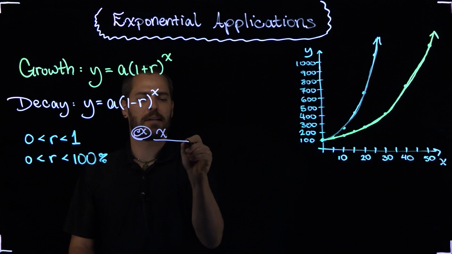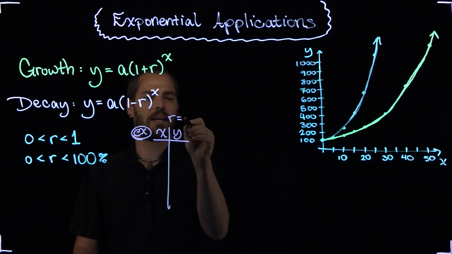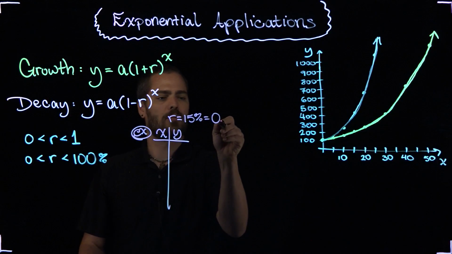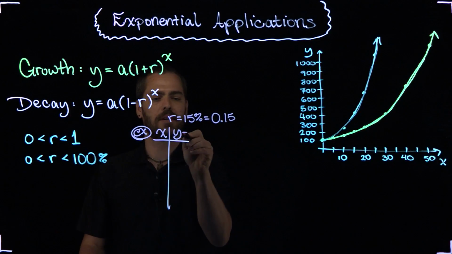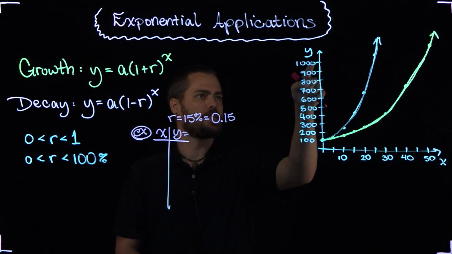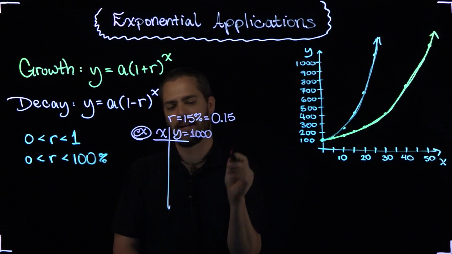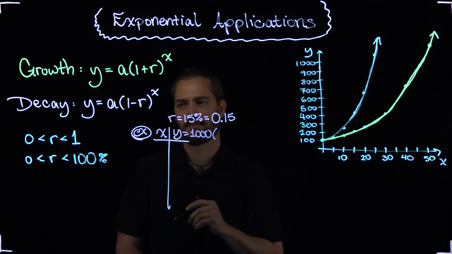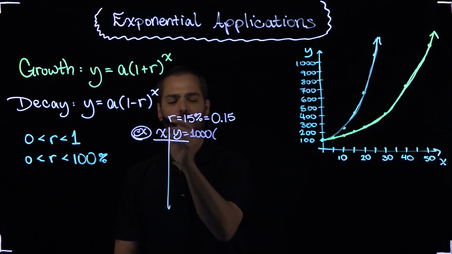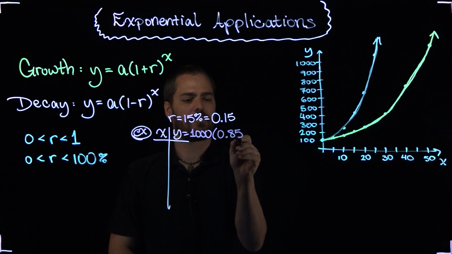So if I'm considering a decay of an atom, here's my little XY table corresponding with a rate of decay of 15%, which is 0.15. Then my equation for y becomes whatever amount we started off with. Let's start up here at 1,000. Let's say we had 1,000 grams times, if I plug in this rate of 15% into this decay equation, 1 minus 0.15, I would get 0.85.